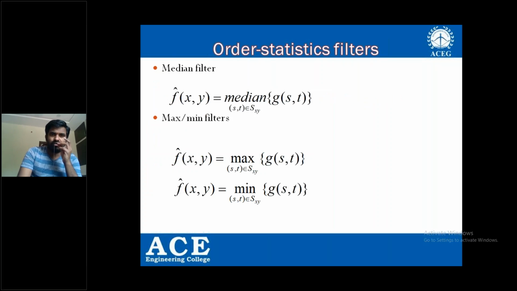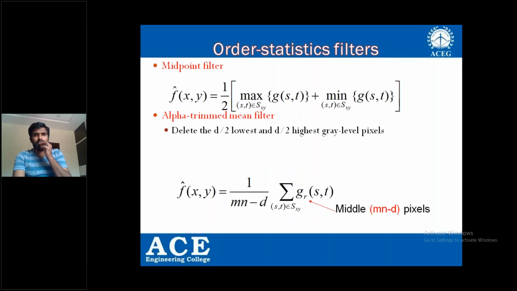In the median filter we arrange the pixel values and find the median. Similarly, by arranging the pixel values, we find the maximum and minimum values for the max and min filter. For the midpoint, by taking the max and min values, we take the average of them.